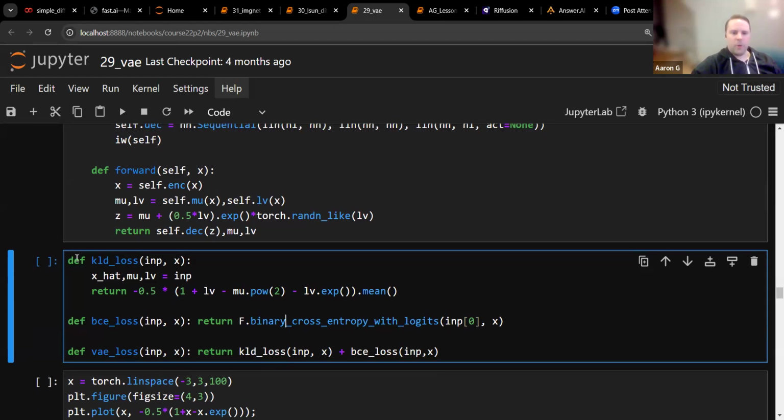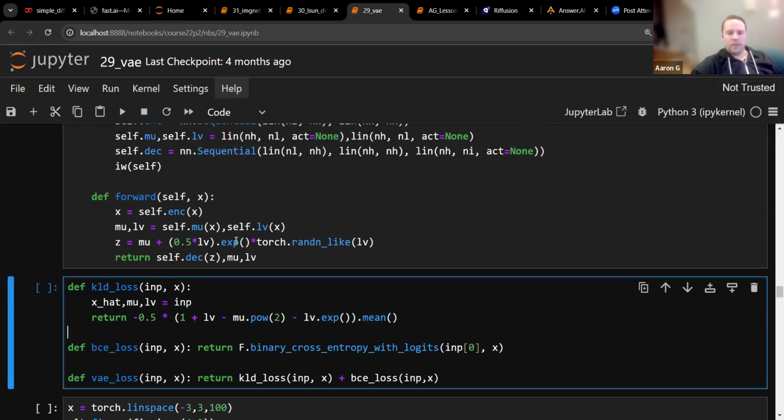But then we're also employing KL divergence loss. And this, KL divergence, I think, pops up kind of all over the place in machine learning and statistics. But here, what we're really trying to do is just say, does this look like a standard normal distribution?